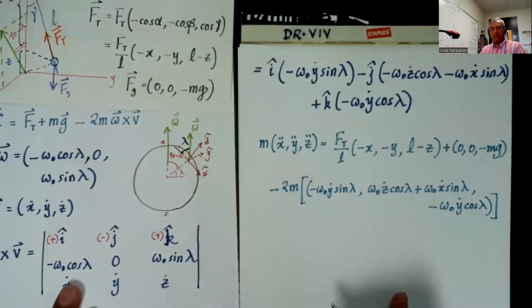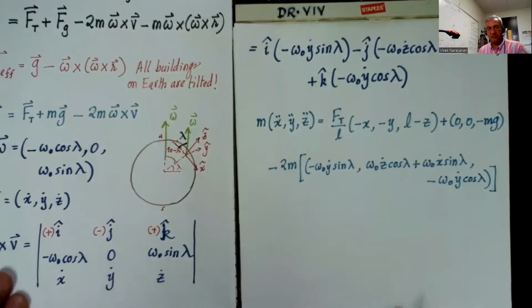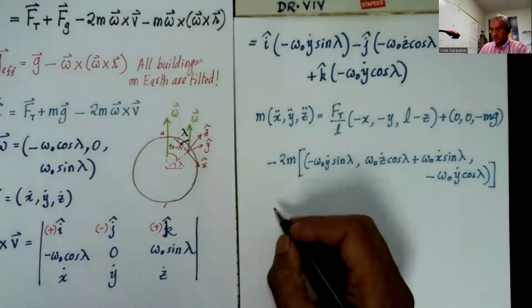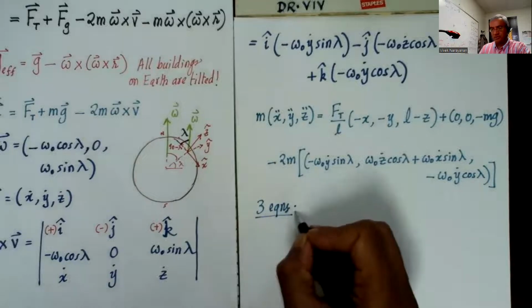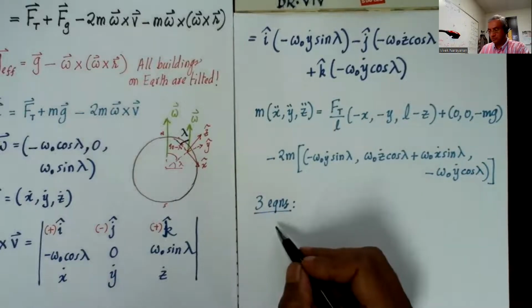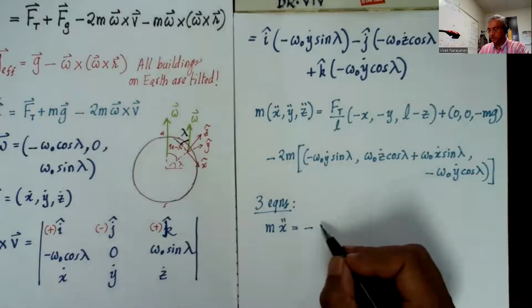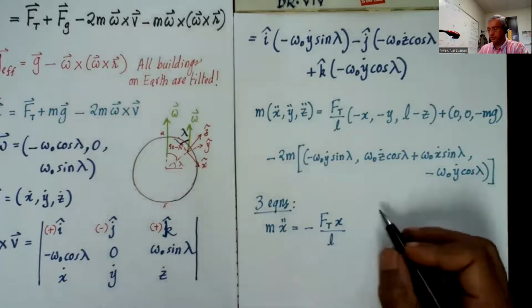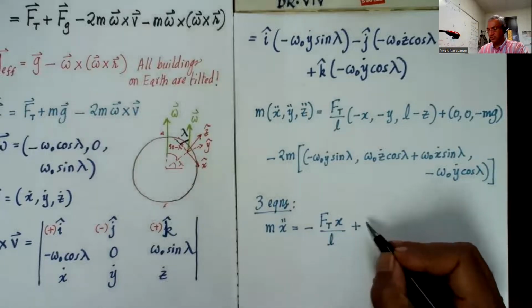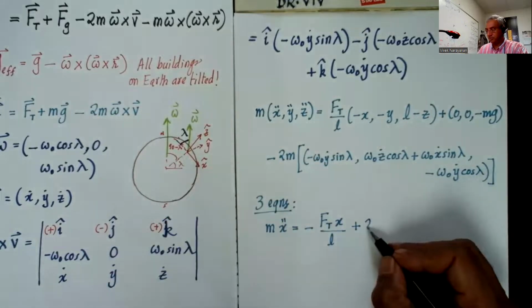Okay, so we have actually three equations hiding there. Let's write them out. The three equations are the following. Mx double dot is equal to negative ft x over L plus, there's a plus because two negatives make a positive.